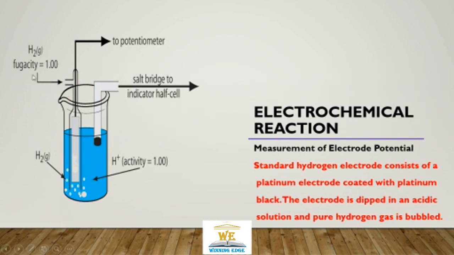It is the partial pressure of the gas, which is hydrogen here. Here it is connected to a salt bridge and we bubble hydrogen so that the hydrogen ion concentration is maintained. This is known as the half cell reaction or standard hydrogen electrode, with respect to which all standard electrode potentials are measured for different elements.